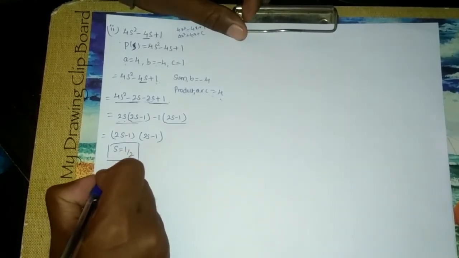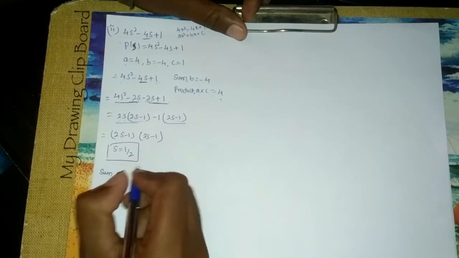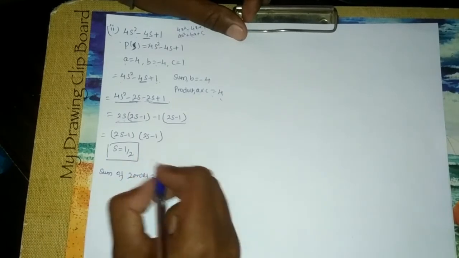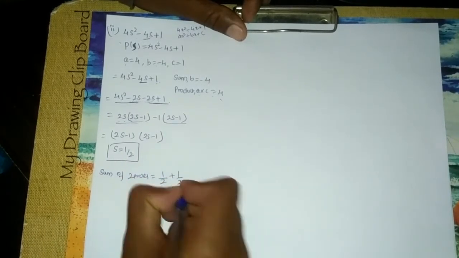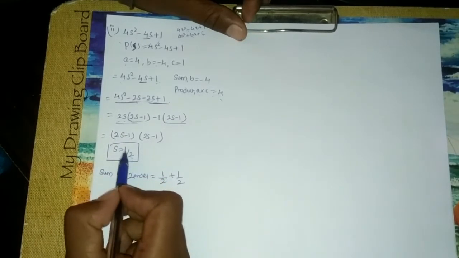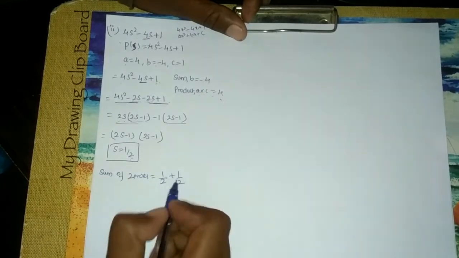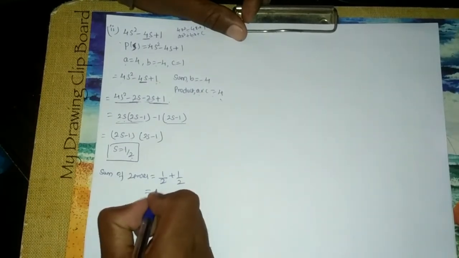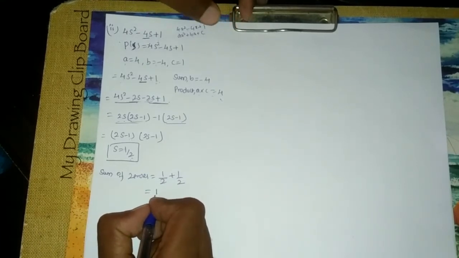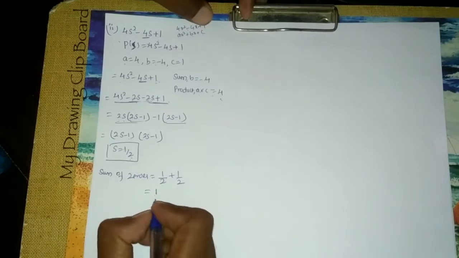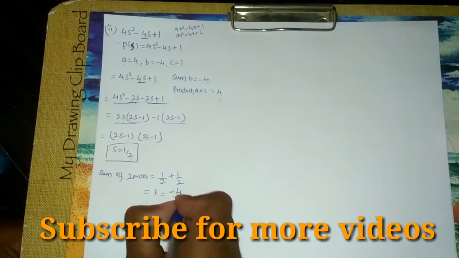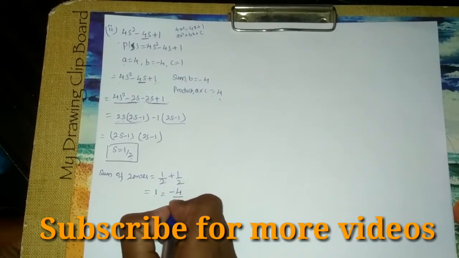Now the sum and product. Let me go with the sum of zeros. Simply add 1 by 2 plus 1 by 2. I got two zeros with the same value, that is 1 by 2. So adding 1 by 2 plus 1 by 2, I get 1. I can write this as minus 4 upon 4.